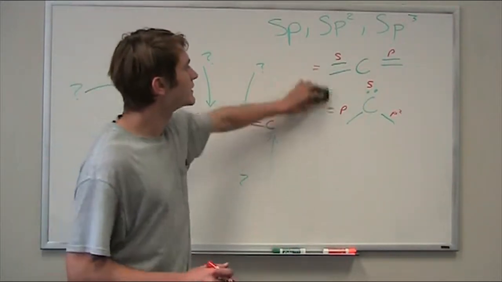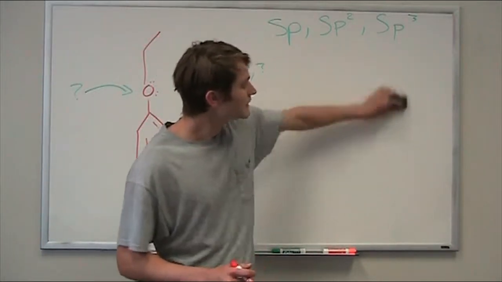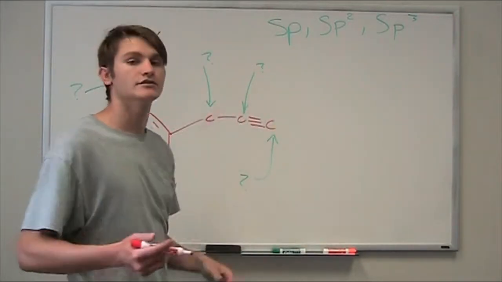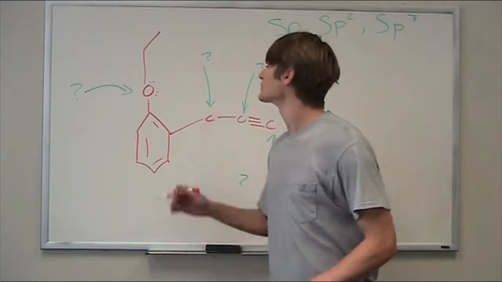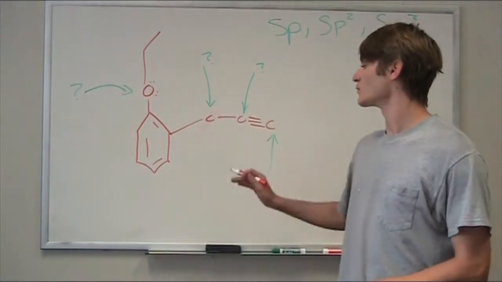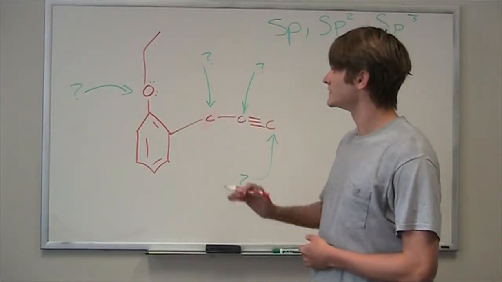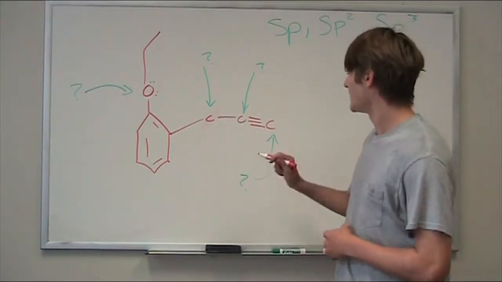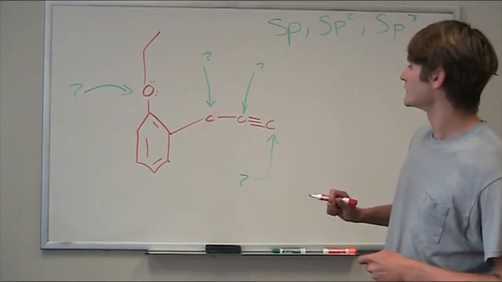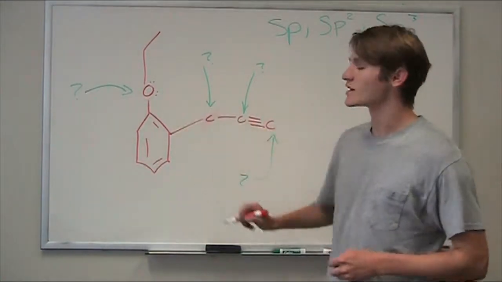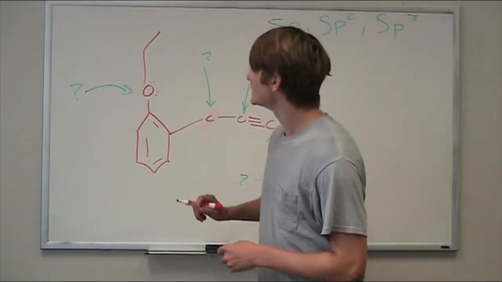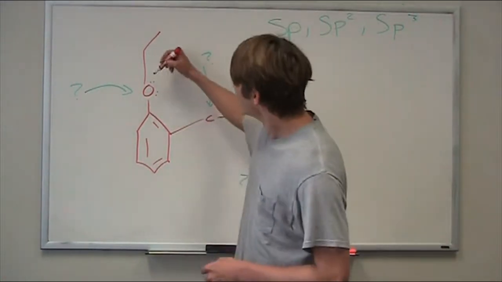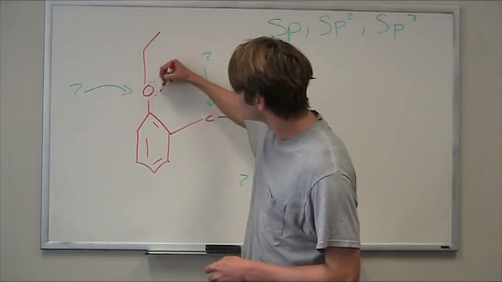So let's go ahead and start this real problem, and I'll show you how to do it. I want you to pause the video, look at the attachments, see what's where, and see if you can figure it out on your own. But we're going to start and see what we can find. Let's start with this oxygen over here. Oxygens are happy with 6: 2, 4, 5, 6.